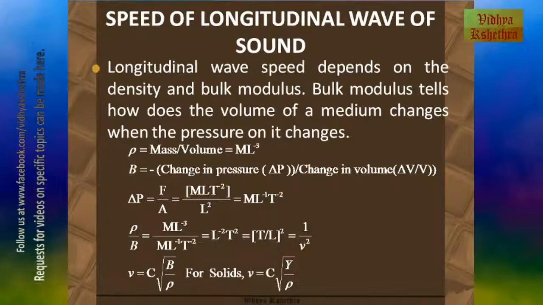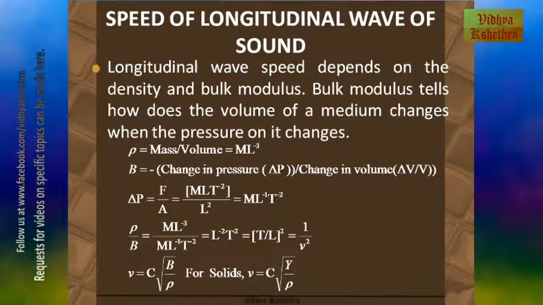Now we shall see the dimension for pressure. Delta P is equal to force by area, and hence we get the dimension for pressure as M L raised to minus 1 T raised to minus 2. Now if we divide rho by B, we get rho by B is equal to 1 by v square, which is the dimension for velocity.